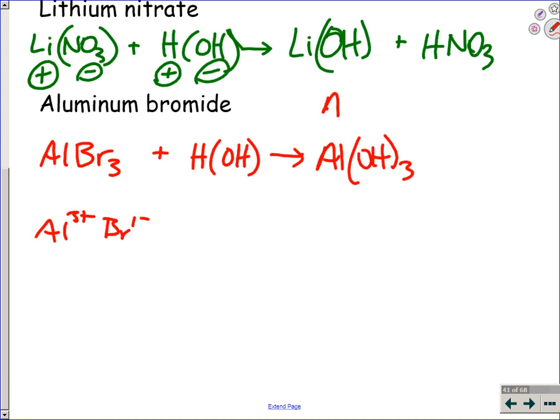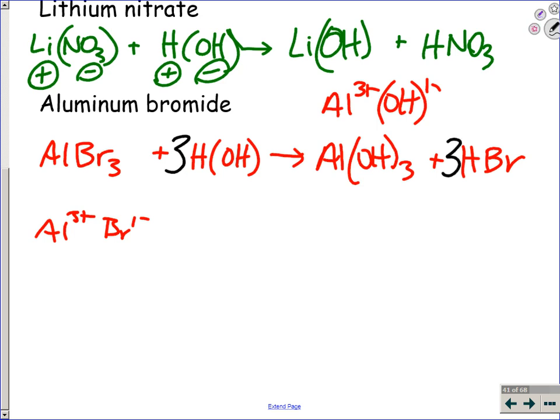Because Al has a 3 plus charge, hydroxide has a 1 minus charge. Crisscross. And then HBr. HBr, and those are both 1 plus and 1 minus. Everybody balance, what do I need? A 3. And I think one more thing, right? 3 HBr. Good.